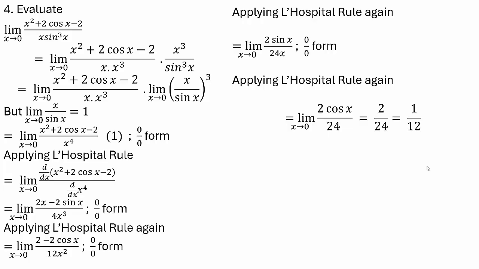Cos 0 is 1. Therefore, substituting the value, we will get 2 divided by 24, which is nothing but 1 by 12. This is the answer. Friends, in this way, we can apply L'Hospital rule multiple times also.